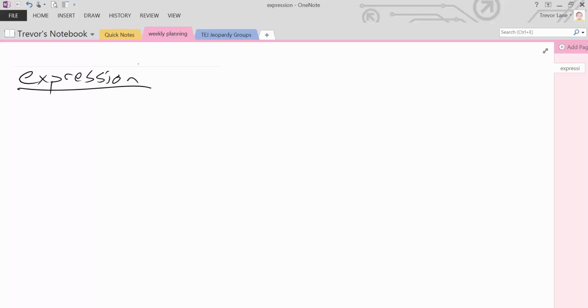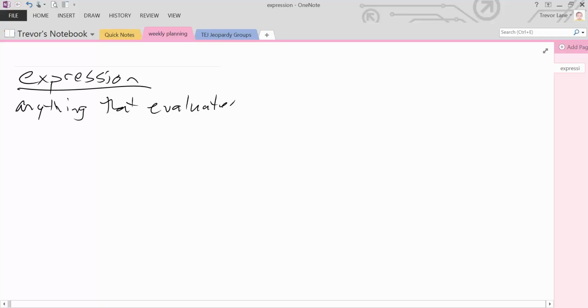But back on track here, an expression is essentially anything that evaluates to a result. If it can't evaluate, then it's not going to be useful to us anyway.